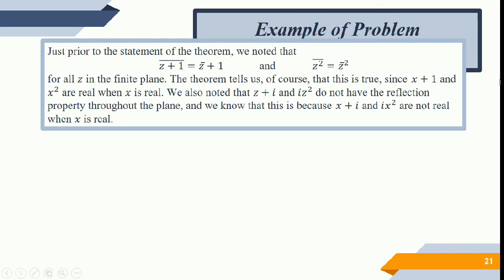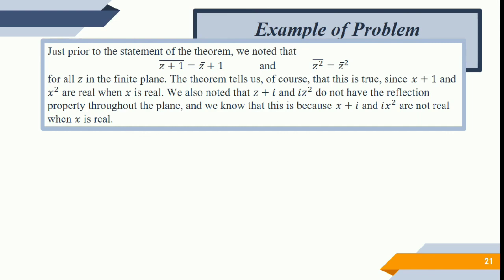Okay, we go to the example problem. Just prior to the statement of the theorem, we noted that the conjugate of z plus 1 equals z bar plus 1 and the conjugate of z squared equals z bar squared for all z in the finite plane.